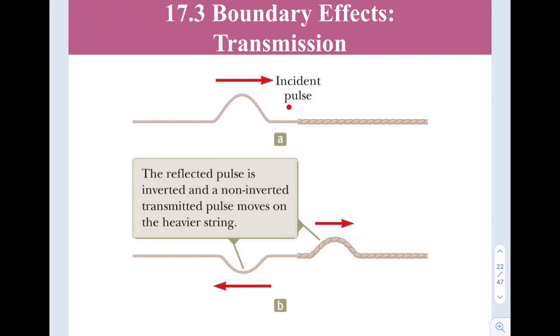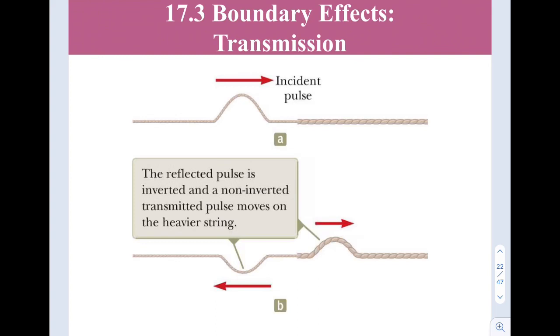When there is a change in the medium, part of the energy in the incident pulse is reflected and part undergoes transmission. That means some of the energy passes through the boundary.